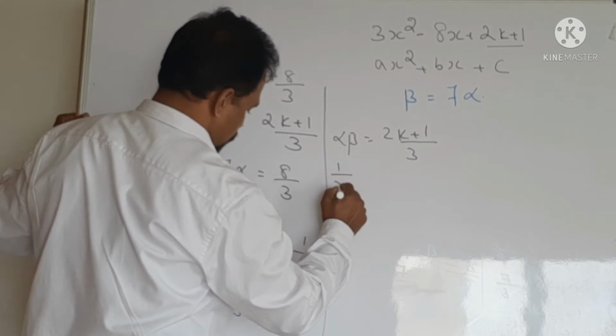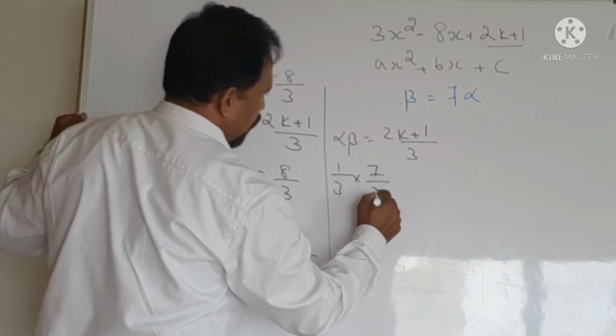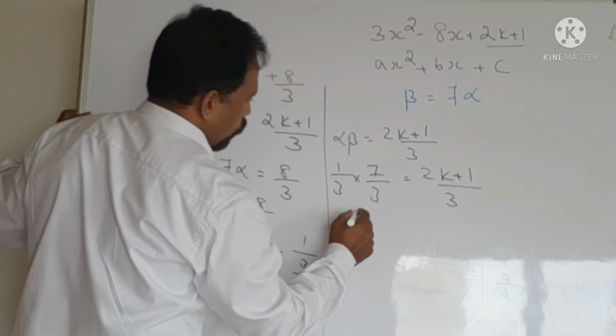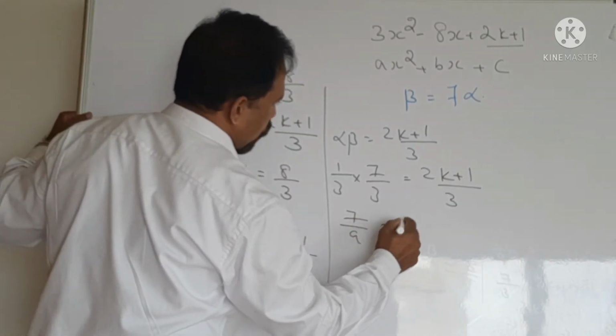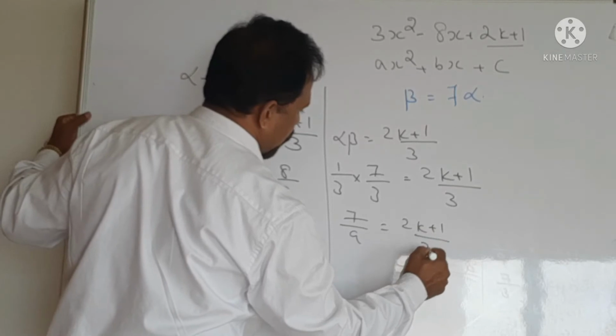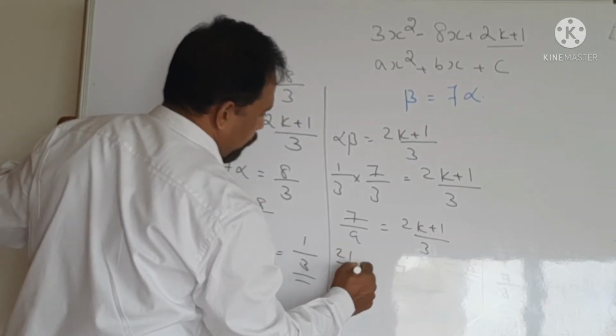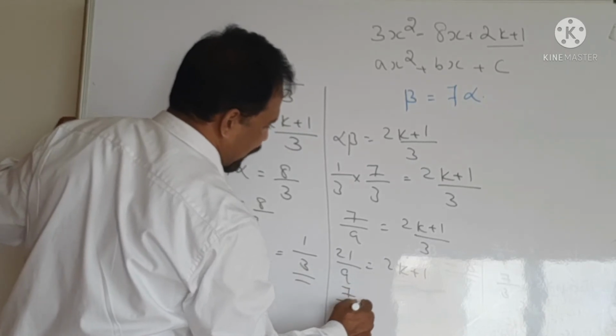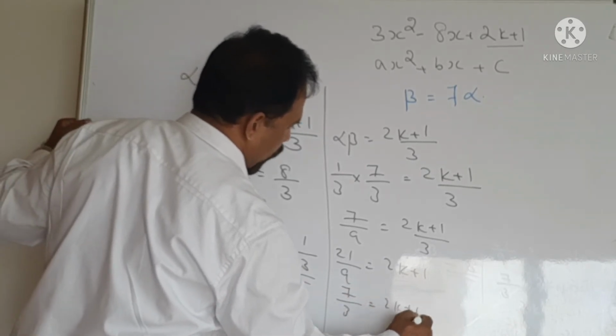So what is alpha into beta? Alpha is 1 by 3 into 7 by 3 is equal to 2k plus 1 divided by 3. So this will be 7 by 9 is equal to 2k plus 1 divided by 3. So it is 21 by 9 is equal to 2k plus 1. So it is 7 by 3 is equal to 2k plus 1.